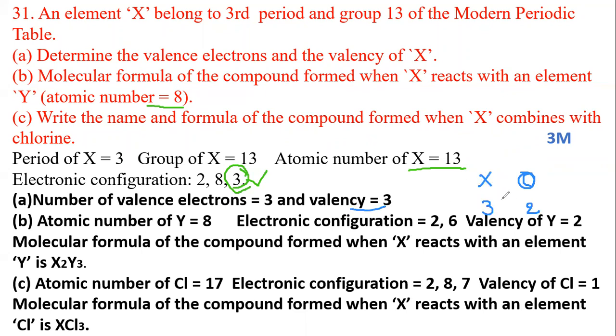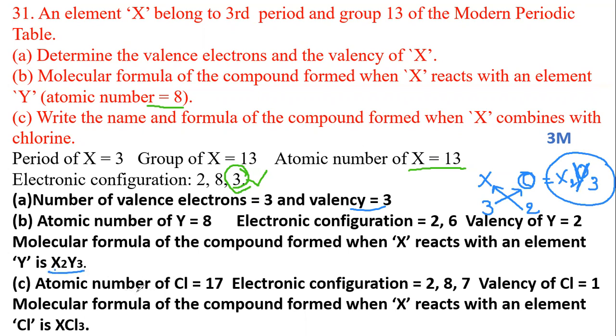While writing the formula of a compound, you crisscross the valencies. Then you will get X2O3, or rather X2Y3, since they have termed the element Y. That's it, X2Y3. Understood?